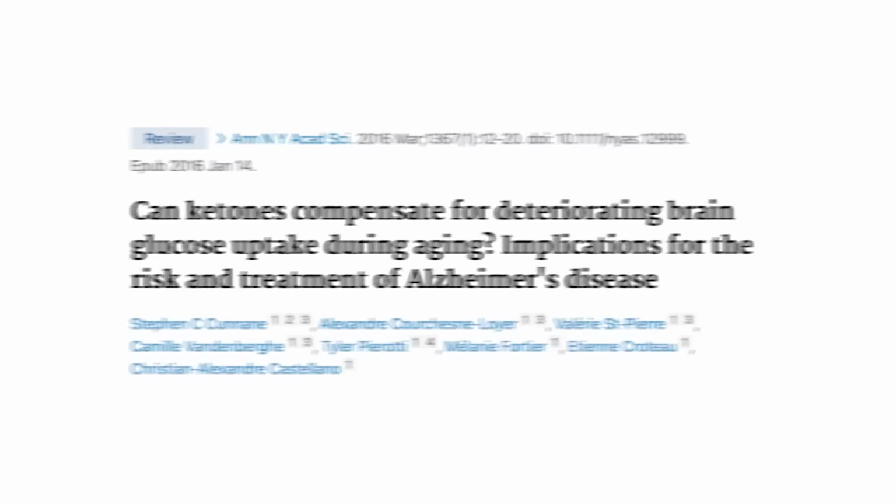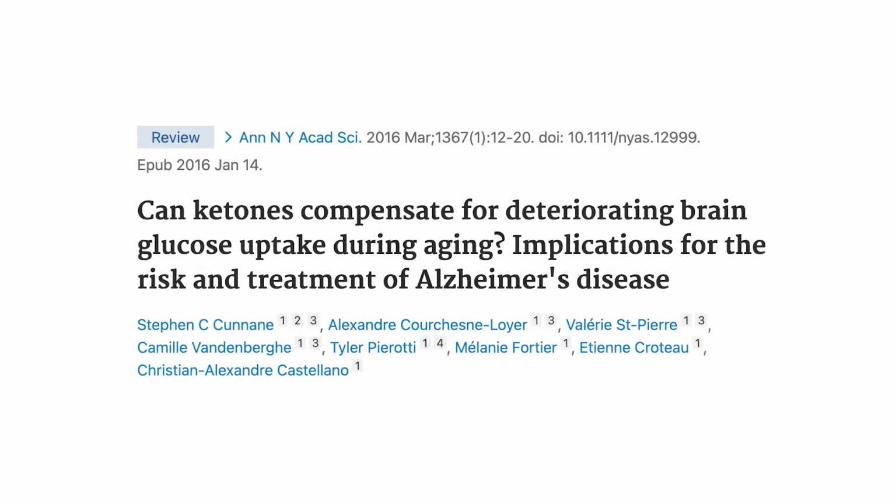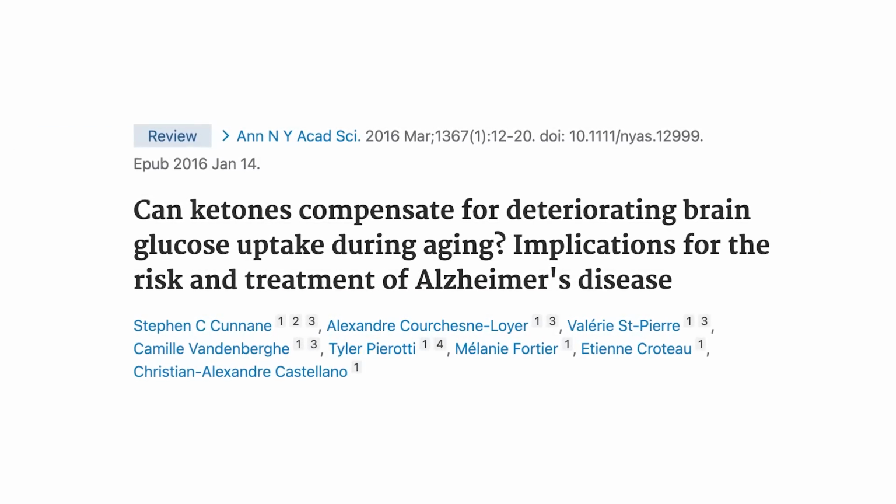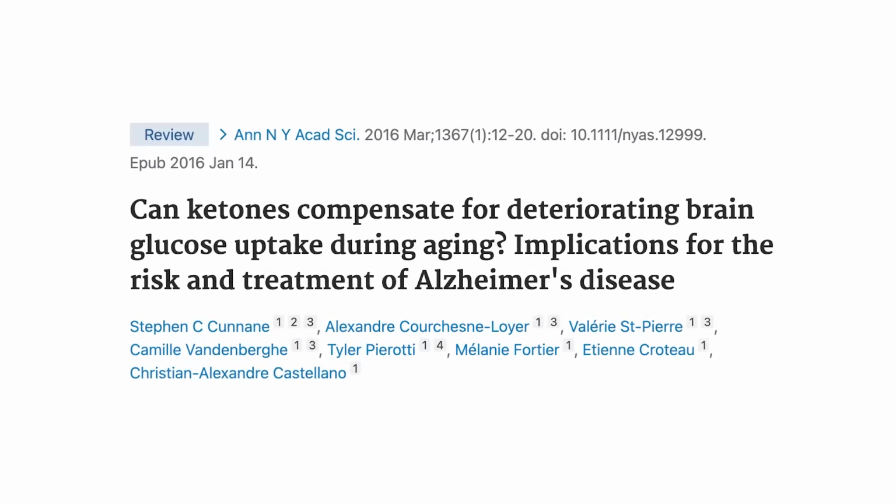Keeping in mind that these fats are needed for signal transduction, for cells to talk to each other. They're needed to actually repair, regenerate, and protect our brain cells: omega-3s, and also MCTs. Research published in the Annals of the New York Academy of Sciences was a remarkable study, by the way.